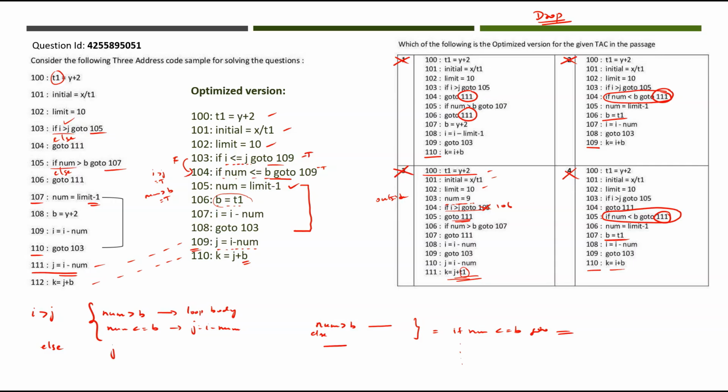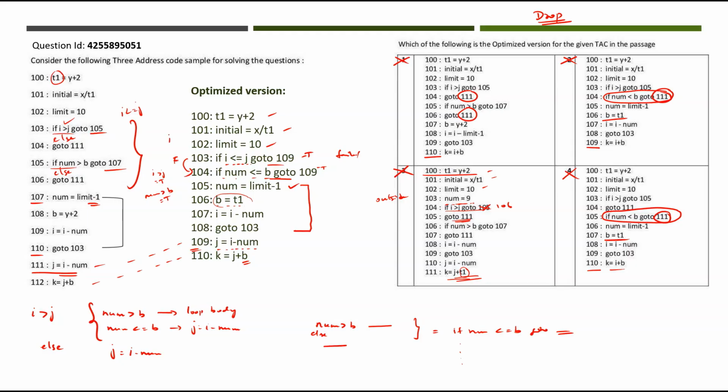Else, we are entering to j is equal to I minus num. Instead of having these many statements, we are just taking, when the condition becomes false here, when I is less than or equal to j, I am just asking it to go outside the loop. I am giving the failing condition here and then coming out of the loop directly.